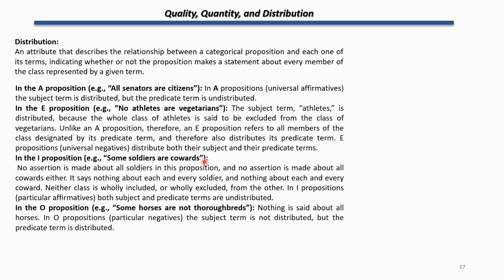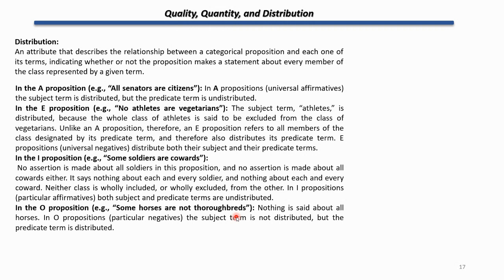So neither the subject nor the predicate class is distributed. Here in the E proposition, both subject and predicate were distributed; here neither subject nor predicate is distributed.